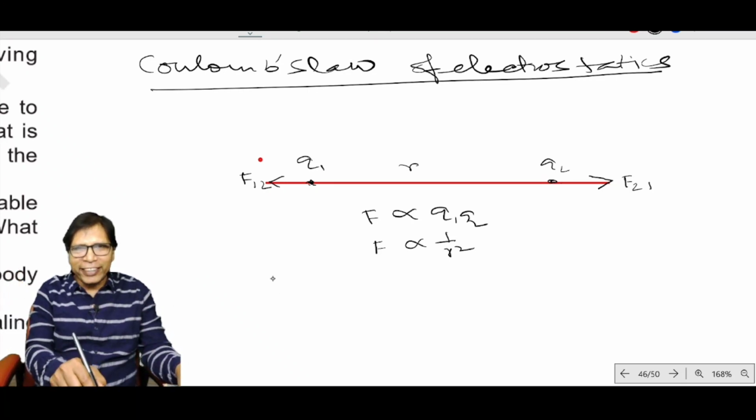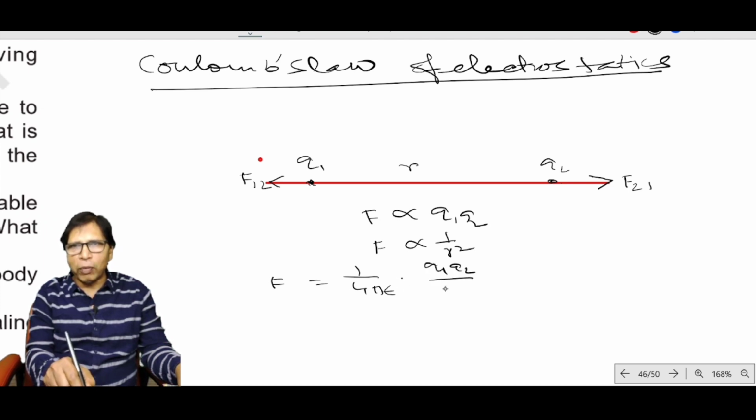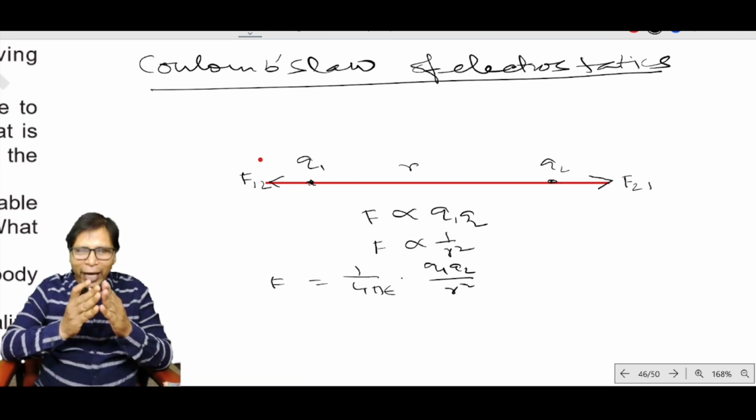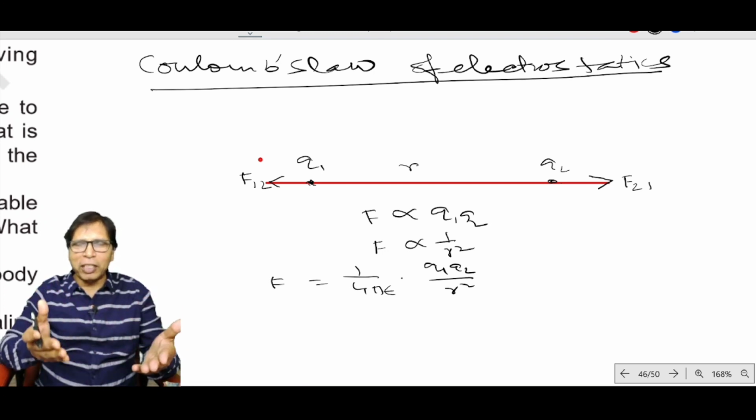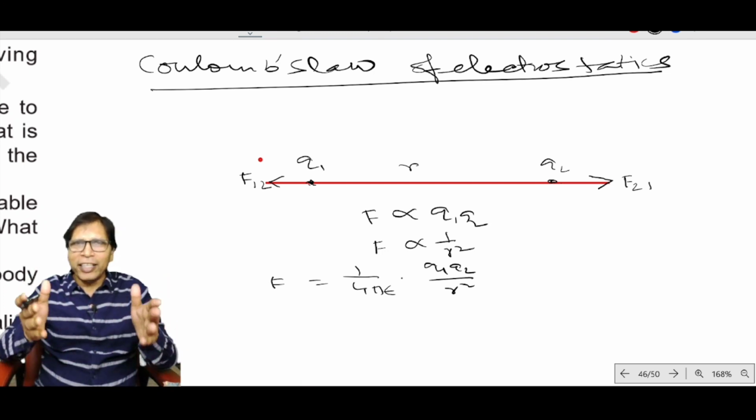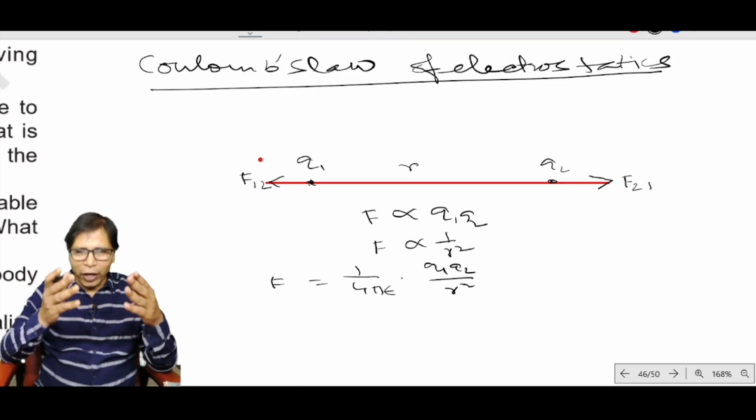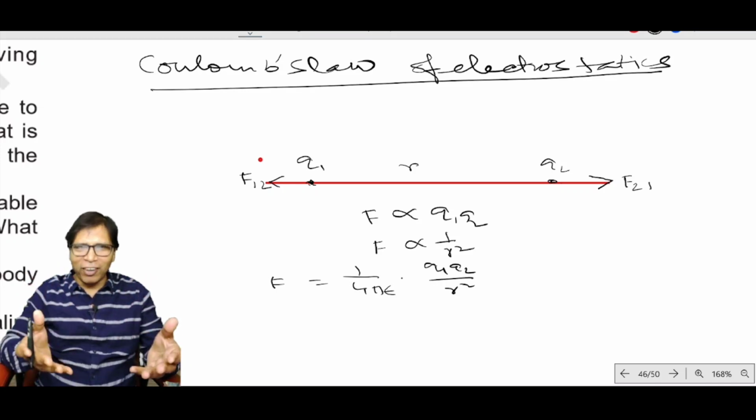Therefore, combining these relations, we get F equal to 1 by 4 pi epsilon into Q1 Q2 by r square, where epsilon is the permittivity of the medium.